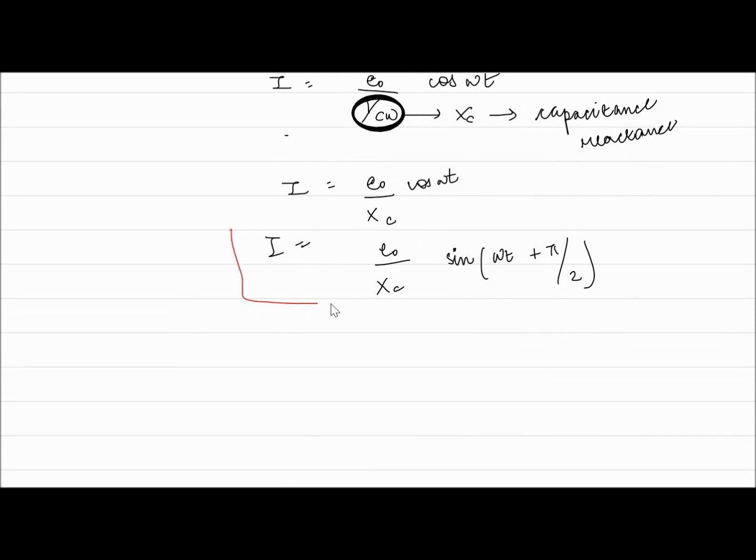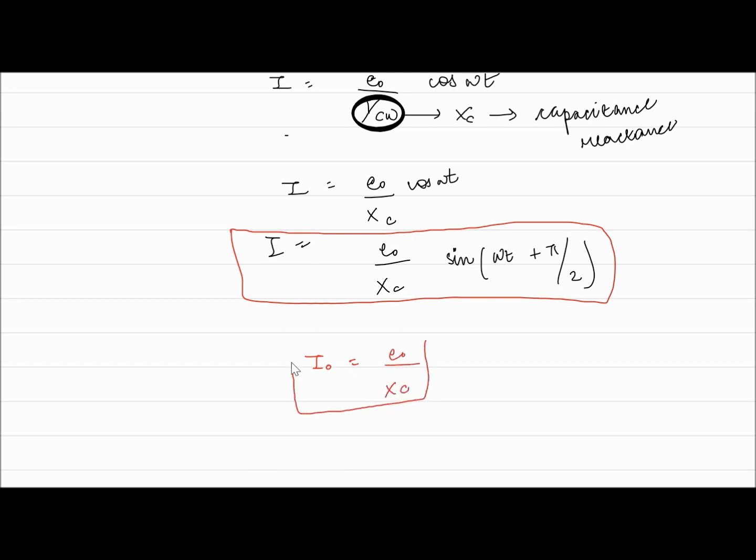That is this: I equals E naught by XC sine omega t plus pi by 2. Also, I naught will be equal to E naught by XC. And the SI unit for capacitive reactance is ohm, that is the same as that of resistance.